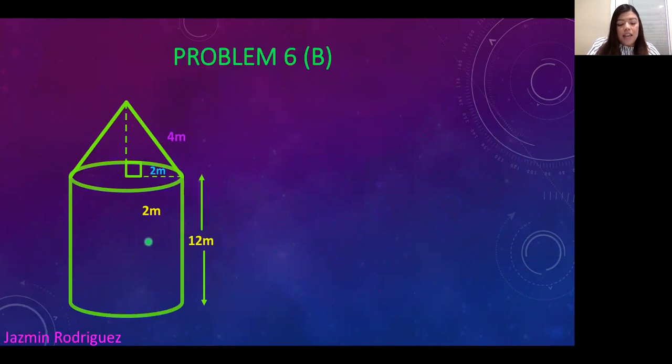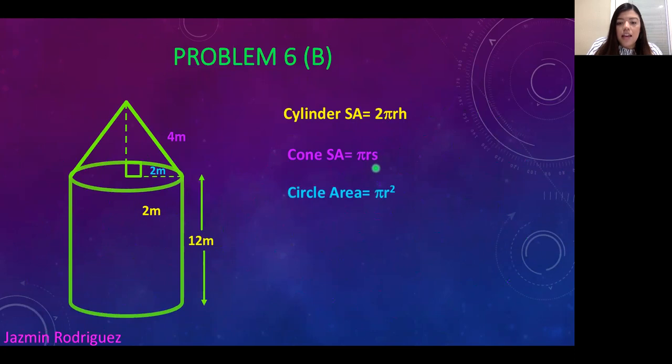Okay, and now we want to determine the surface area of this entire figure. Once again, our cylinder surface area is going to be represented by 2 pi RH. Our cone surface area is going to be pi RS. And our circle area is going to be pi R squared.